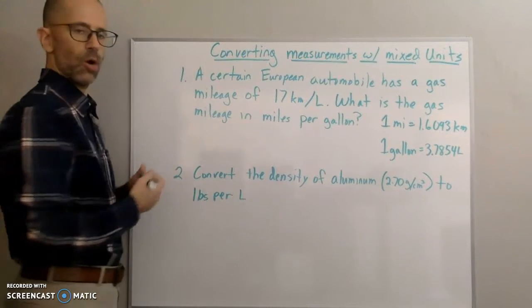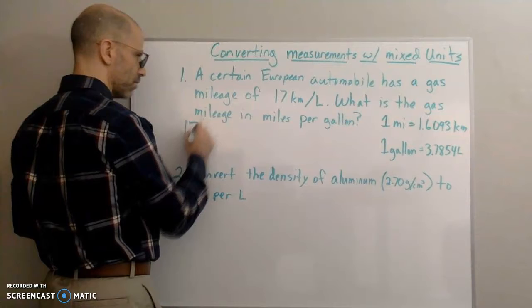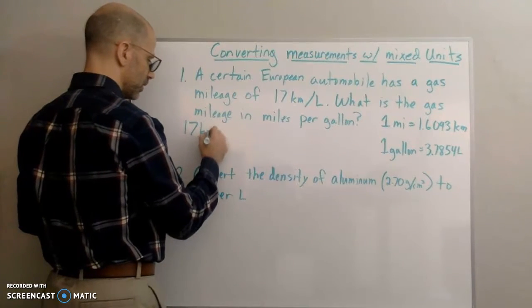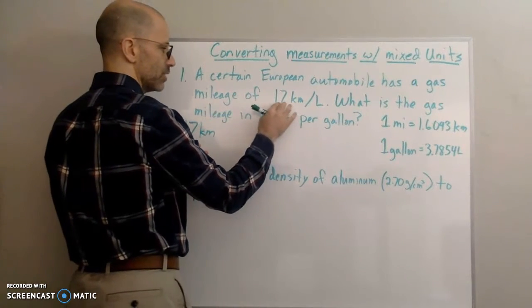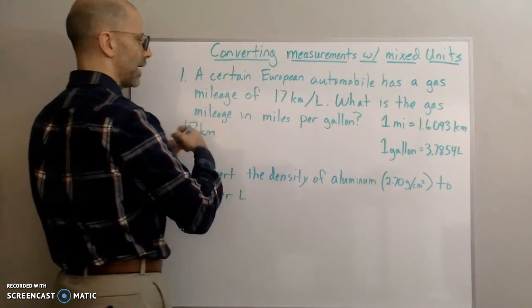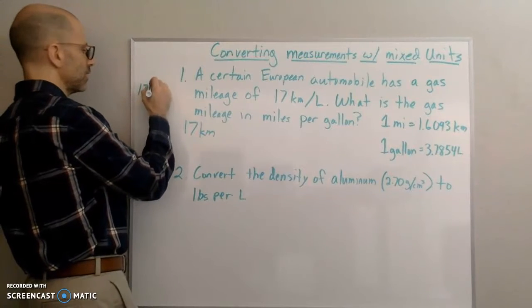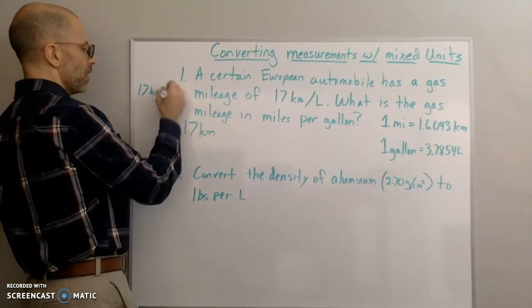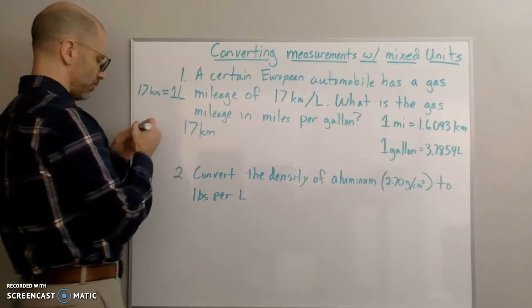So we're going to write down where we start. So I'm going to write down 17 kilometers. And notice that I have 17 kilometers per liter. This is the same as saying for every 17 kilometers, that is going to equal 1 liter of gas.